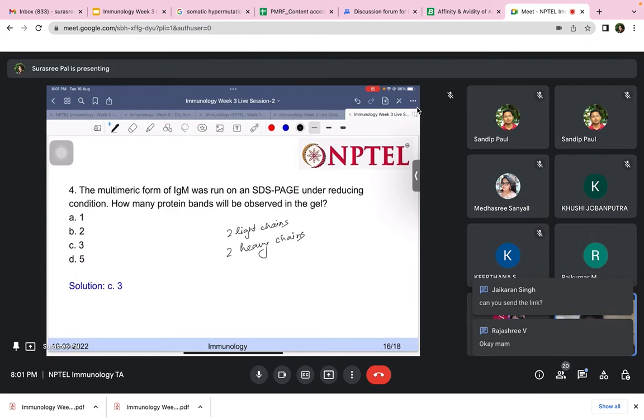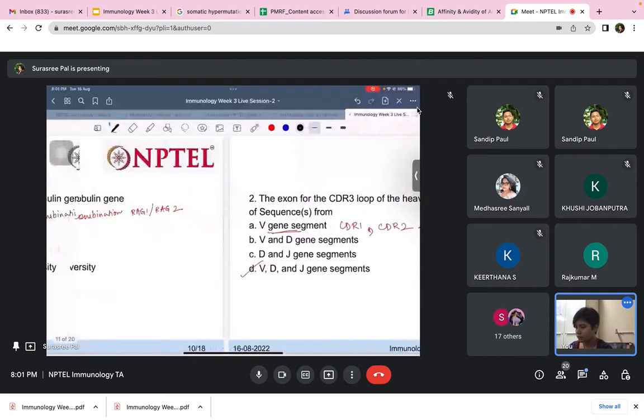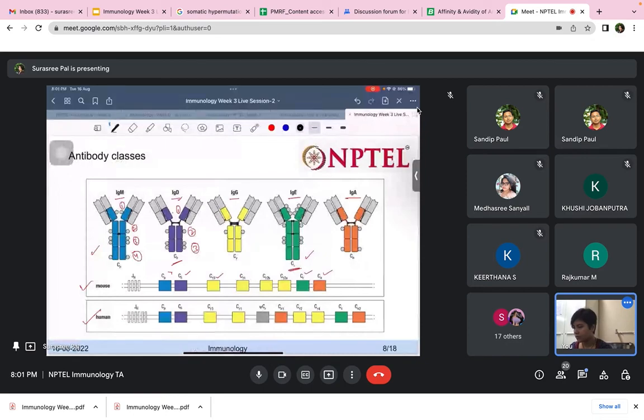So the IgM has 2 light chains and 2 heavy chains. When they are run on the SDS page and they are connected by the disulfide bonds, this is how it looks, right?